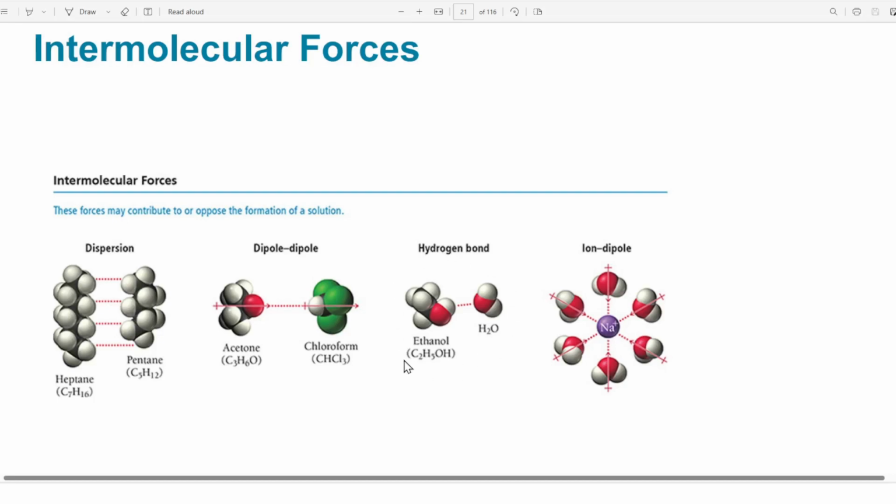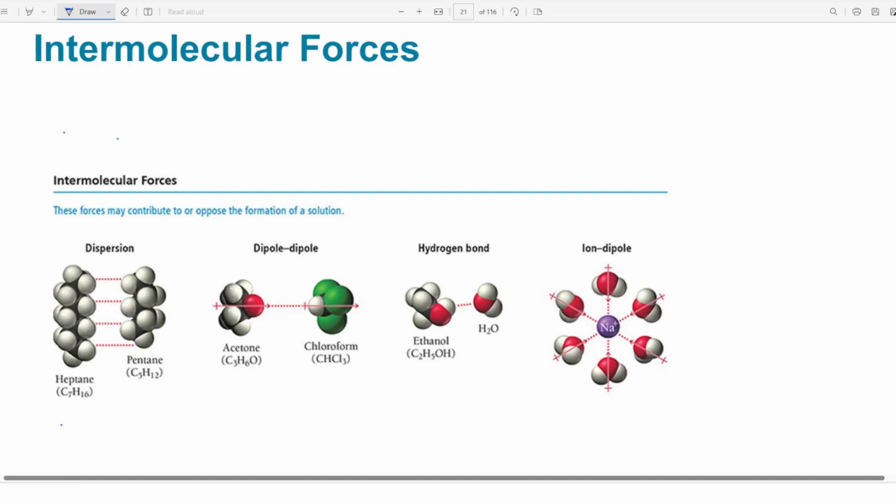Then we have hydrogen bonding, which exists between substances that have a hydrogen on an oxygen or a nitrogen generally, and ion-dipole interactions, where we have a positively charged substance surrounded by another substance that has partial negative, for example. Let's look at these intermolecular interactions in a little more detail.